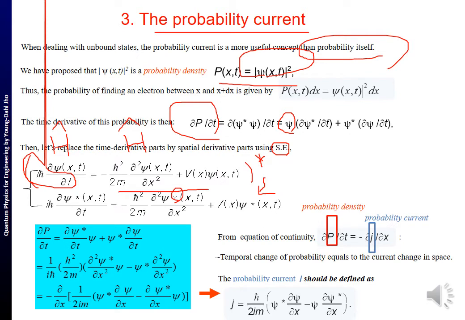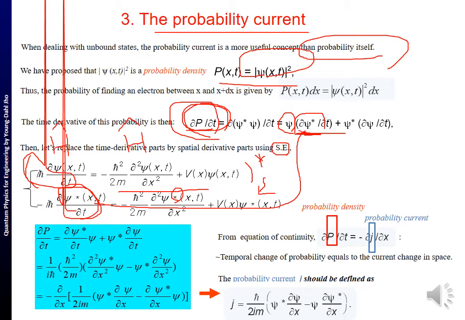And then to calculate the time derivative of this probability, we have this ∂ψ*/∂t like this, so we put it here, and also ∂ψ/∂t here, we put it here.